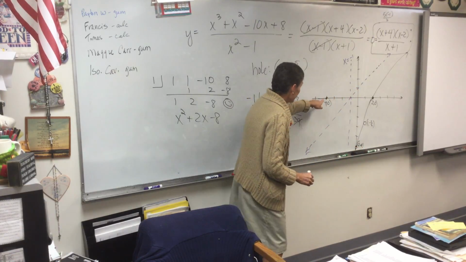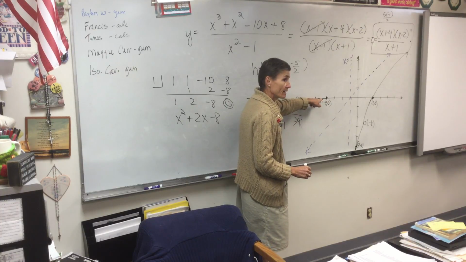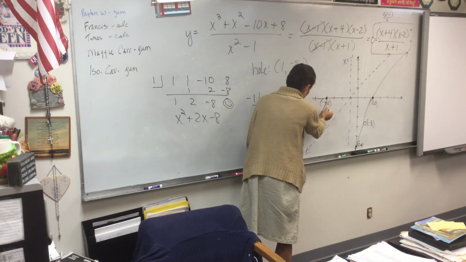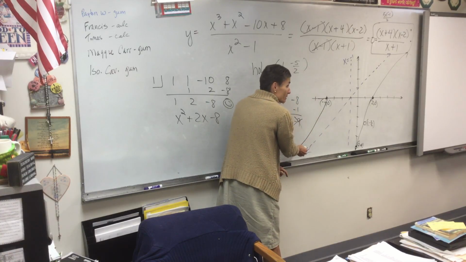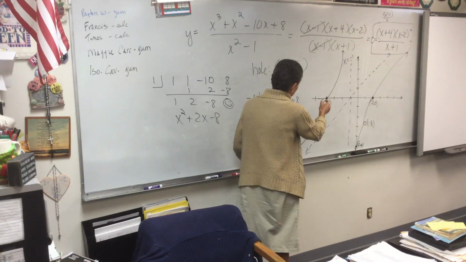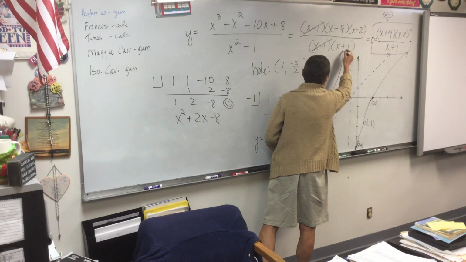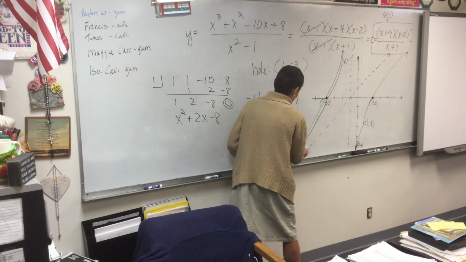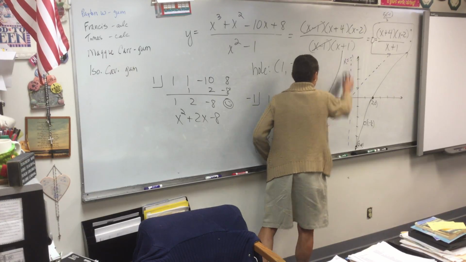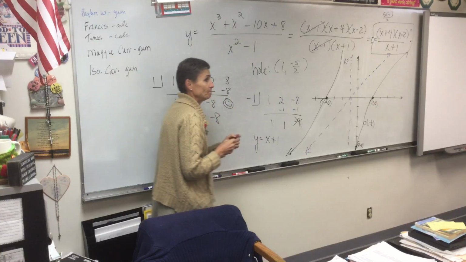Now, don't forget, you still have a point over here. So does he help you figure out what's going on? The curve's going to follow out this way and follow up that way. Okay? What do you think about that? You all right with that?